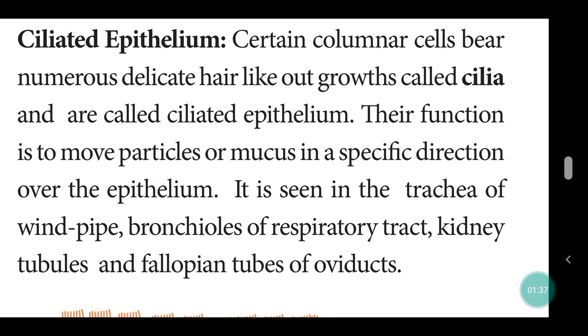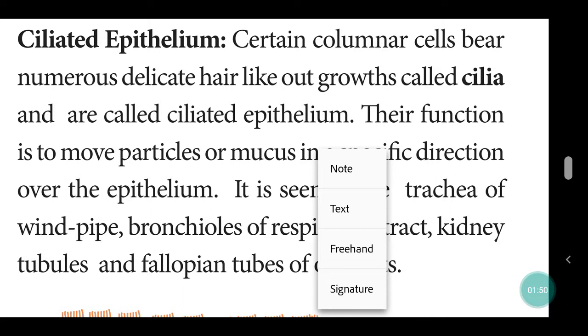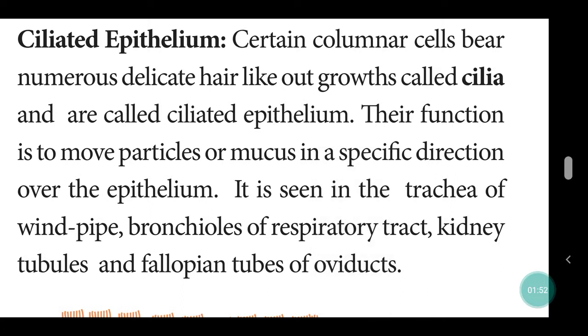It is seen in the trachea. What is the meaning of trachea? Air pipe, windpipe. That windpipe inside the lungs divides again and again into bronchioles of the respiratory tract.